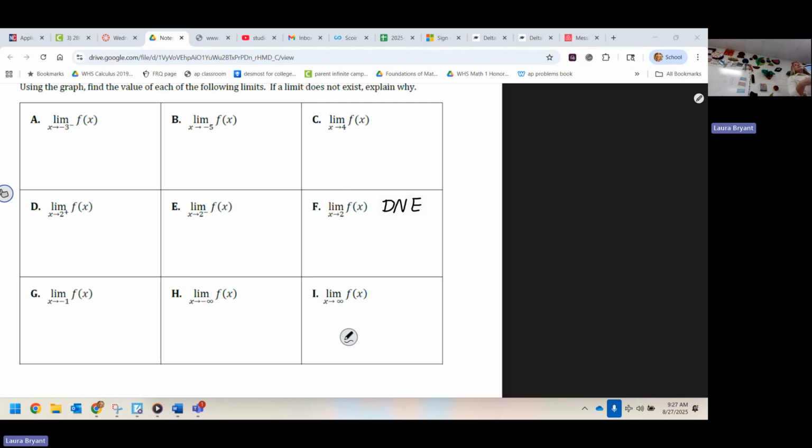And a does not exist takes a little more work because they're going to want you to explain why. And our reason why is that the left-sided limit and the right-sided limit were different. So I can't have an answer there. The way you write that looks like this: the limit as x approaches 2 from the left of f(x) does not equal the limit as x approaches 2 from the right of f(x).